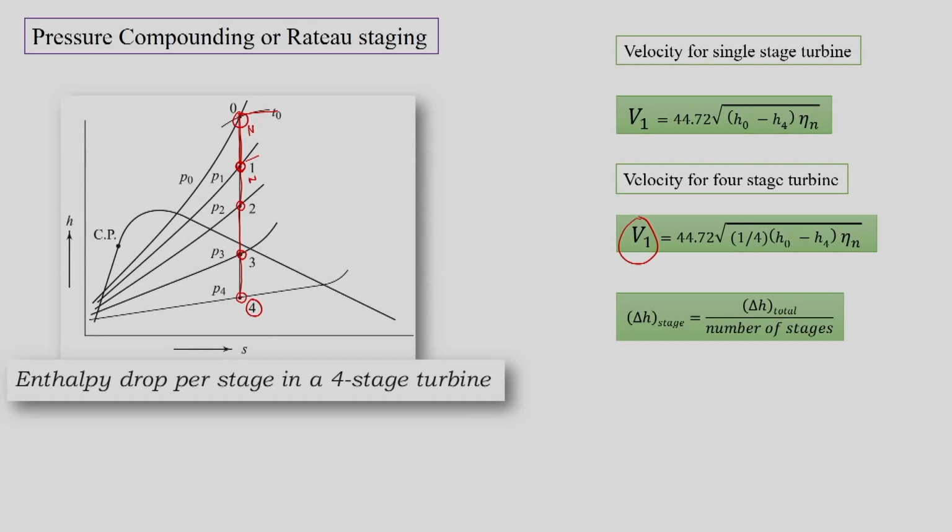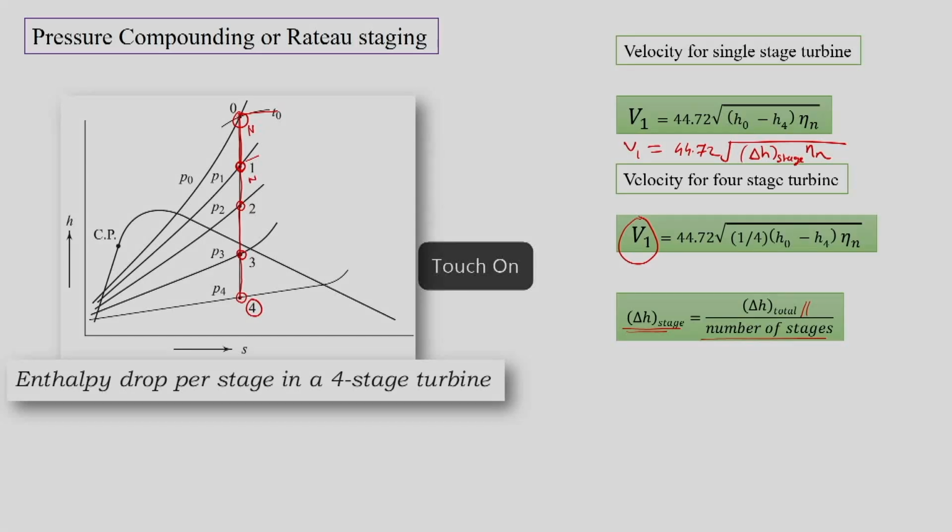So, enthalpy drop in one stage is equal to total enthalpy drop divided by number of stages. So, we basically have in our formula V1 equal to 44.72 square root of delta H stage into nozzle efficiency. This is the ideal enthalpy drop in a stage.